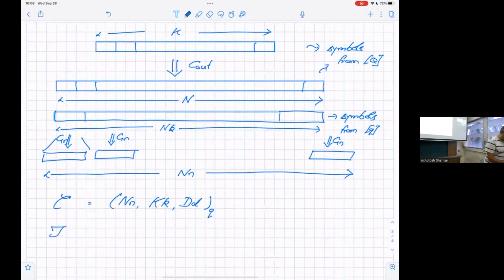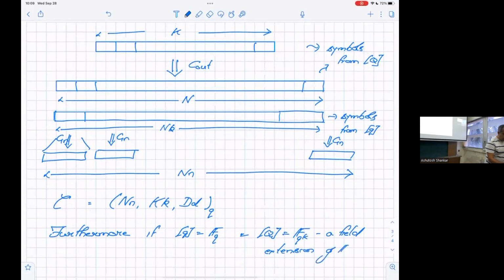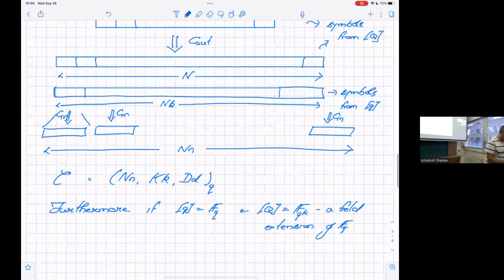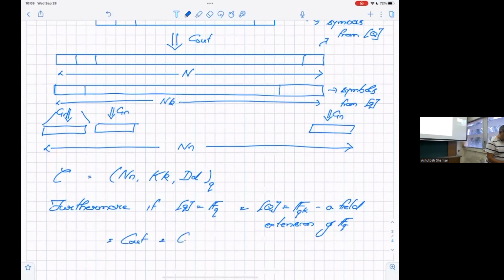And furthermore, if small q is F_q and capital Q is F_{q^k}, the field extension of F_q, and C out and C in are linear over their respective fields, so is C. Yeah, so that's it.